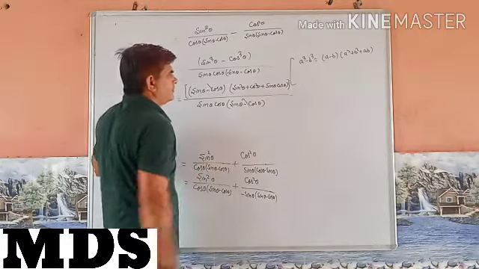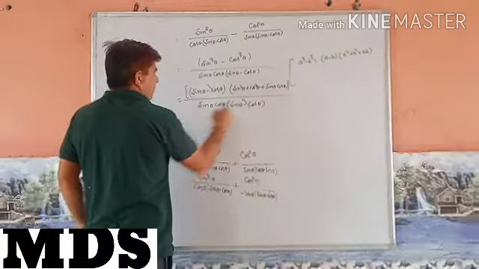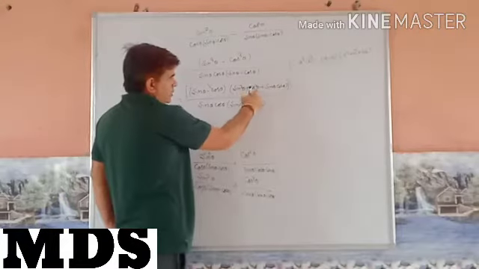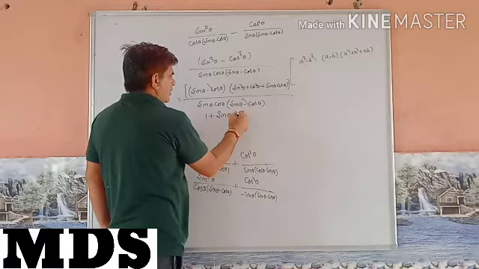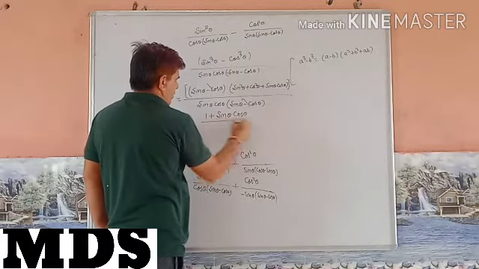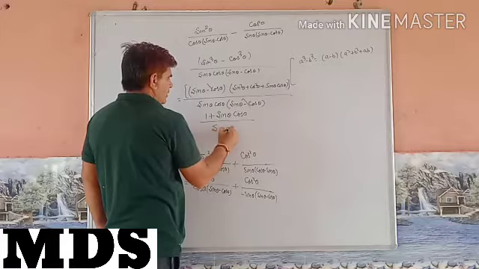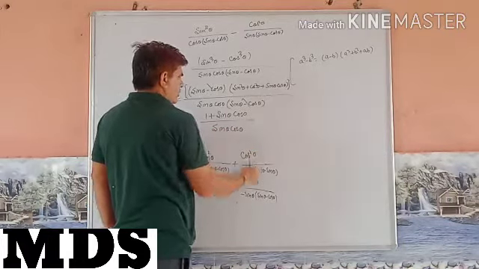Cancel this. Sin square theta plus cos square theta is equal to 1, so we get 1 plus sin theta cos theta divided by sin theta cos theta.